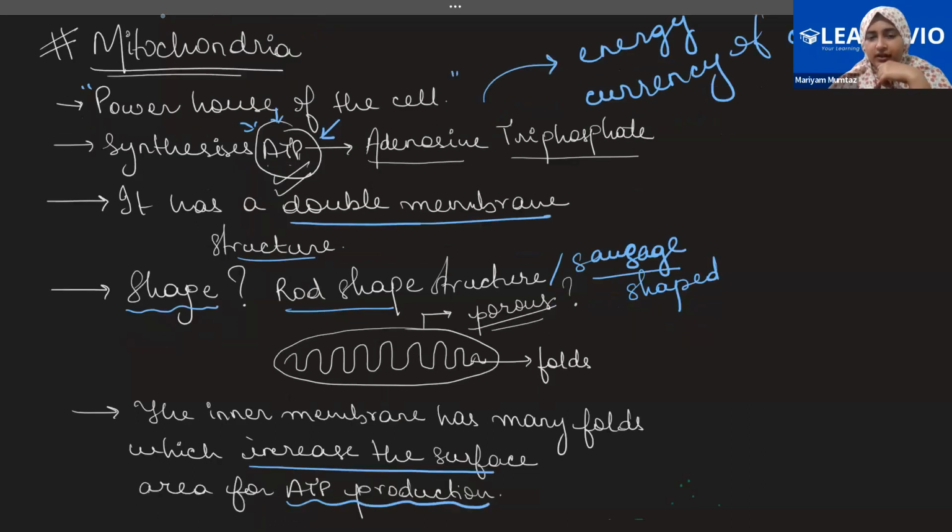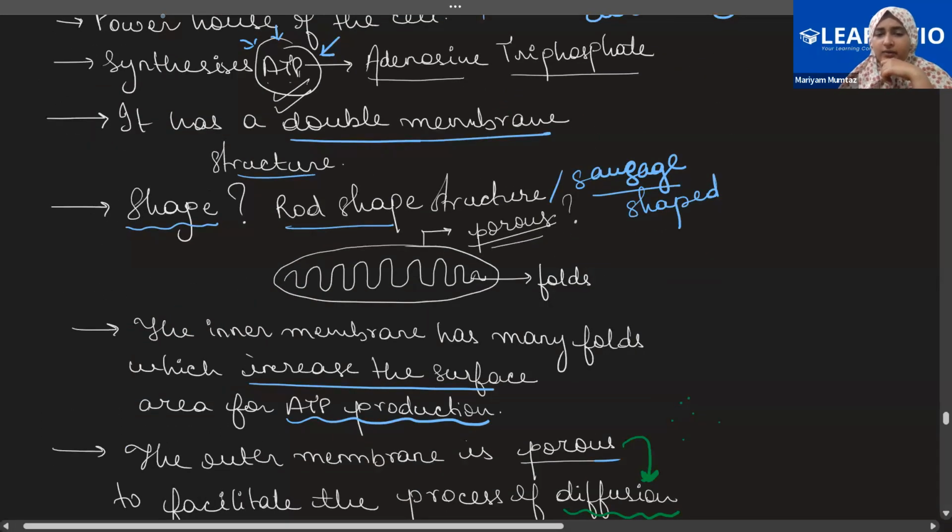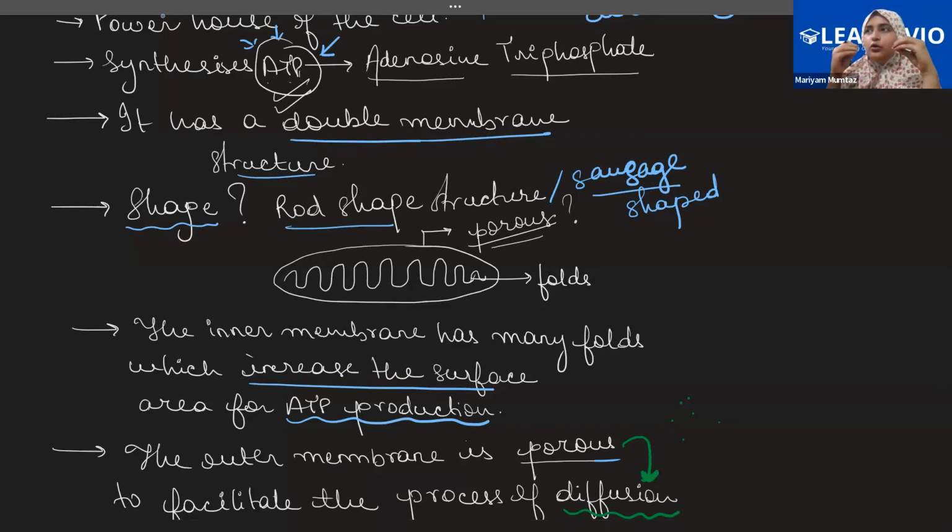Okay, I've written here. Now, talking about the outer membrane, the outer membrane has no extensions, so it is a continuous outer membrane. But the inner membrane is folded and has multiple folds, and these folds are known as cristae. And why are they there?